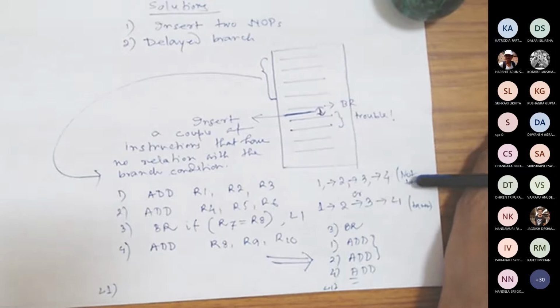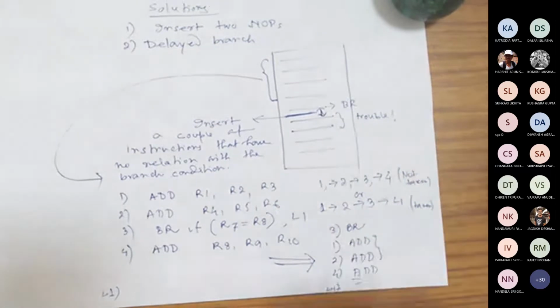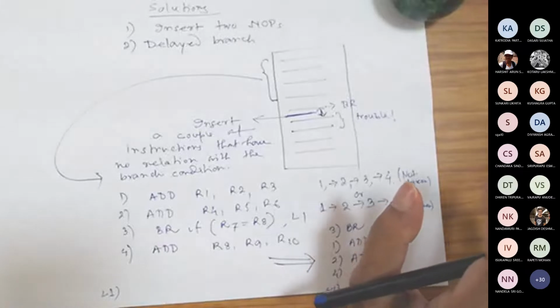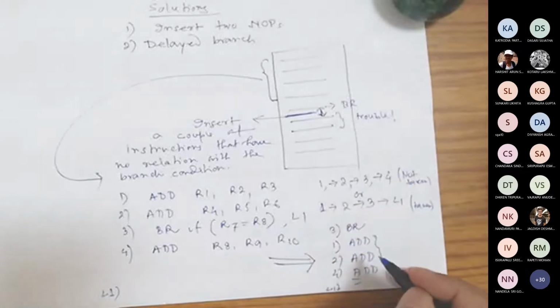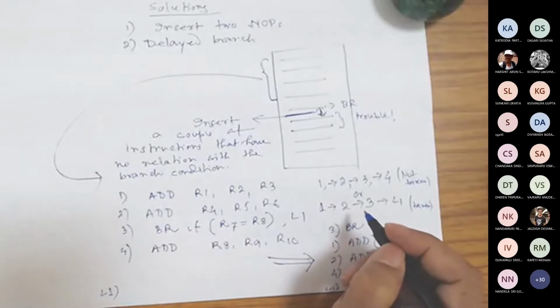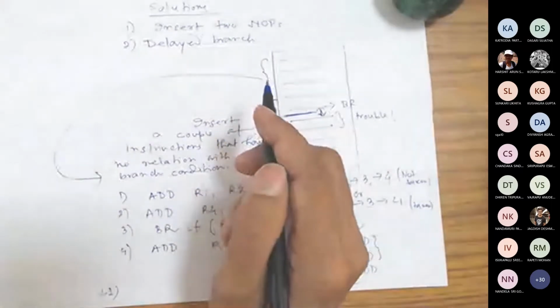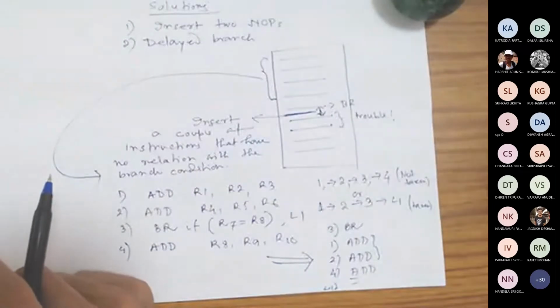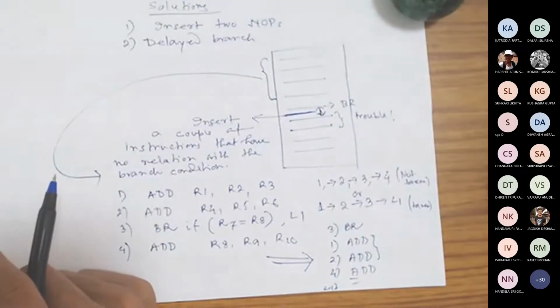So if we can't find two such instructions, then put in NOP. Obviously, NOP is a solution that is definitely going to work, but this solution does not waste any clock cycle, whereas the NOP solution actually wastes a couple of clock cycles.